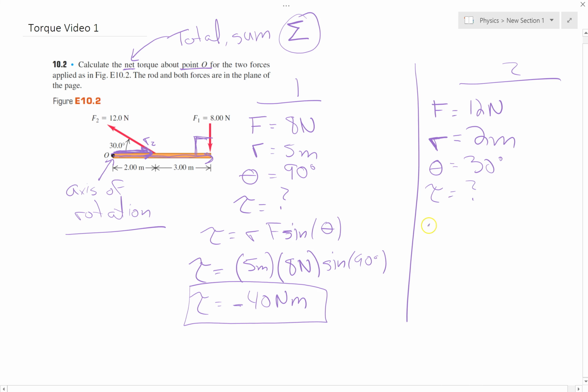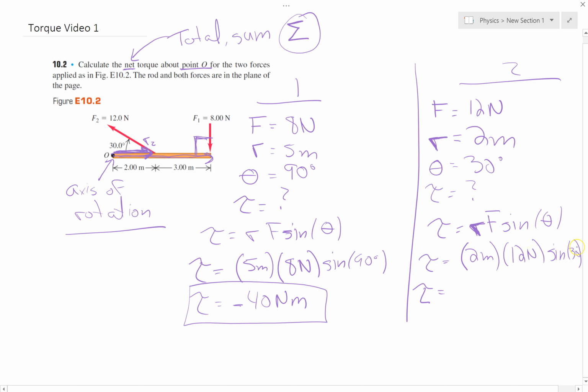So I'm going to write in our formula. Tau equals R F sine theta. Again, I'm sorry guys, my R's are really bad. It's a bad habit of mine. I'm going to plug in all my knowns. Tau equals 2 meters times 12 newtons times sine of 30 degrees. 2 meters times 12 newtons is 24 newton meters.